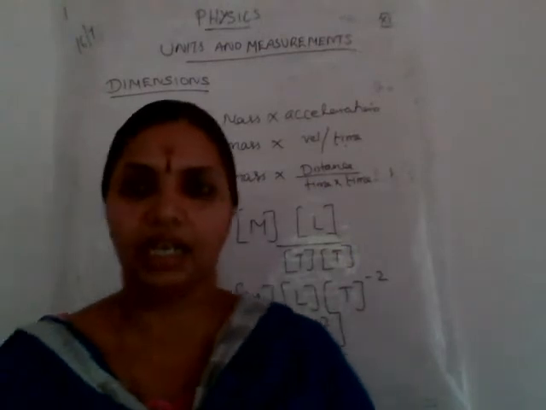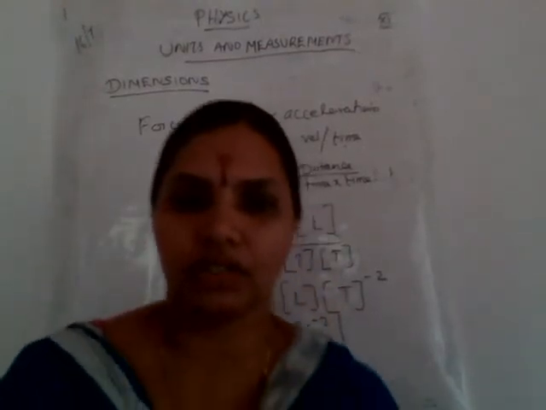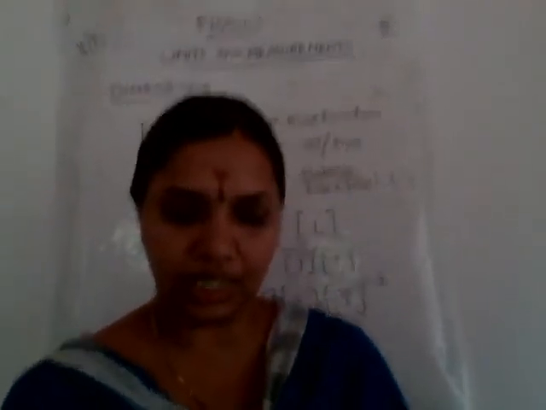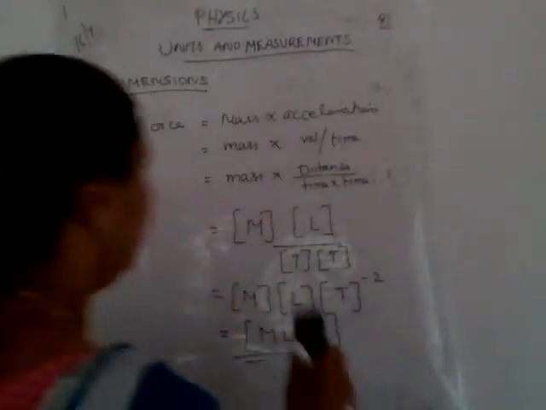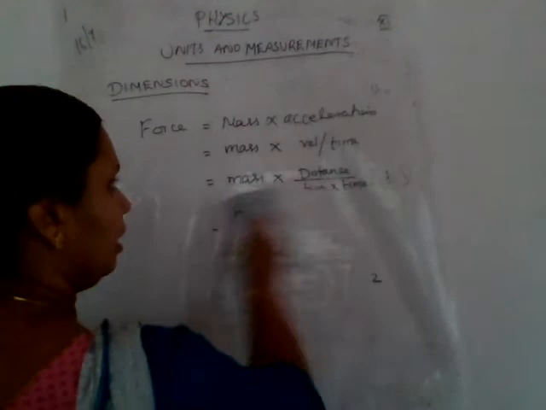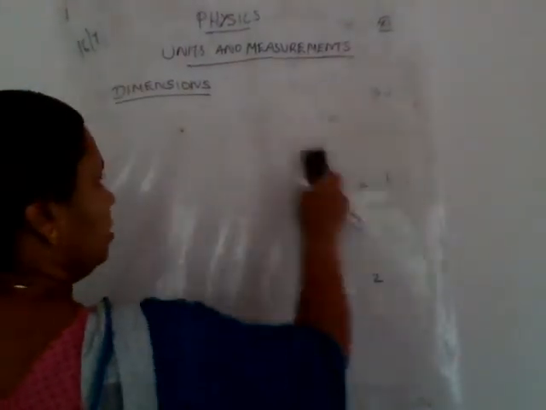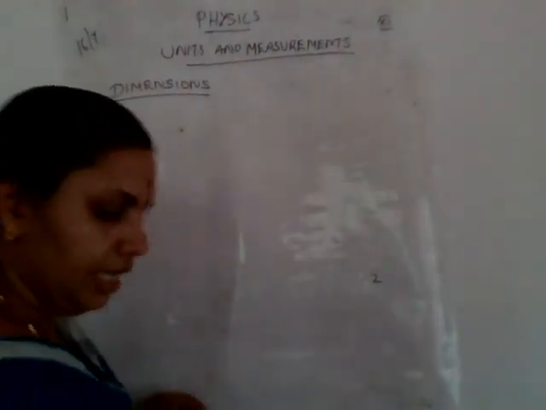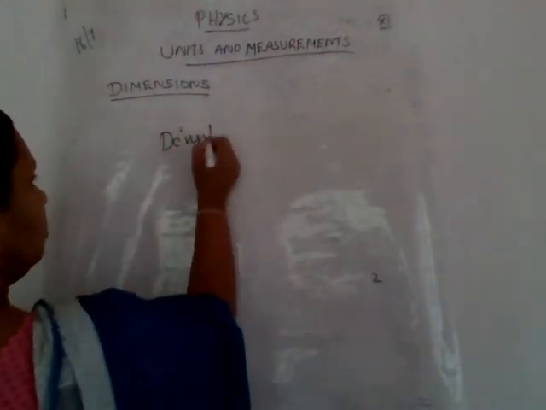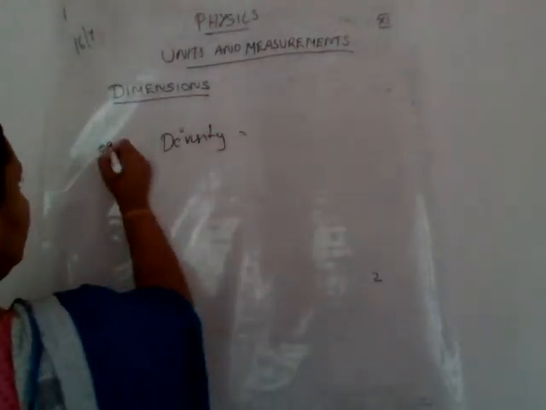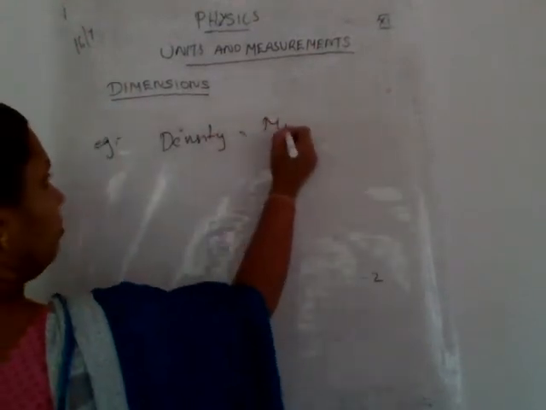So you write the example as density, not force, because density is the simple one. First we can write the example for density. Density is equal to mass by volume.